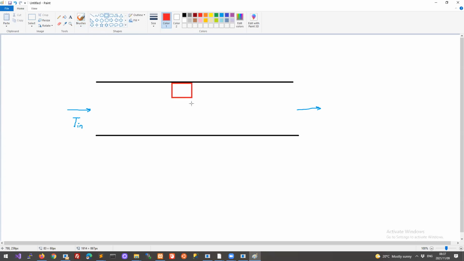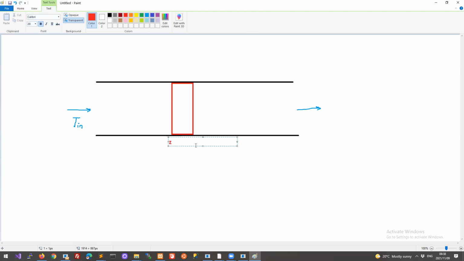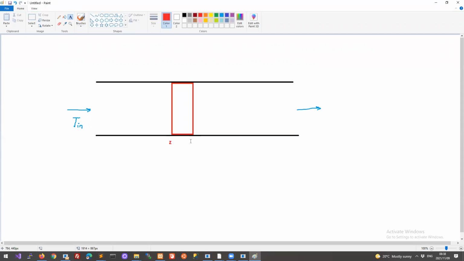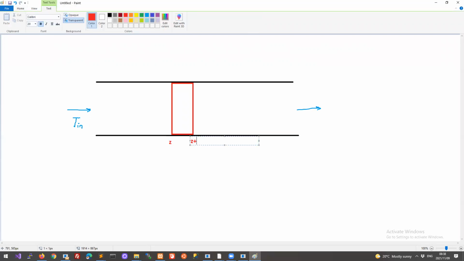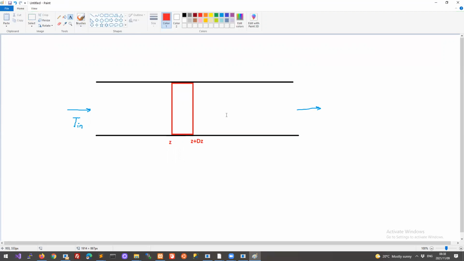So we are picking an arbitrary space inside our pipeline, and we are labeling the front edge of this to be Z, and then we'll also choose here to be Z plus delta Z. So by this, I actually mean a delta, not a D like a differential or anything. So this is meant to be a delta Z. Right, so that's our, in terms of our axial direction, those are the two coordinates we need.